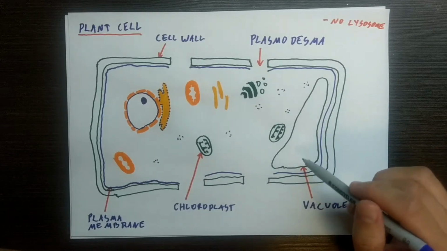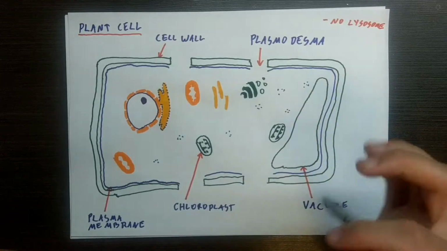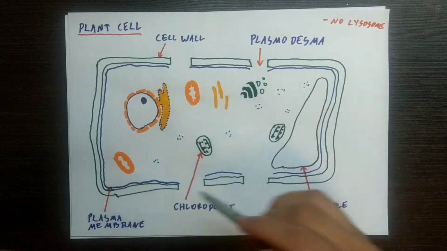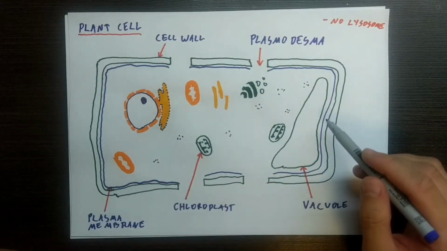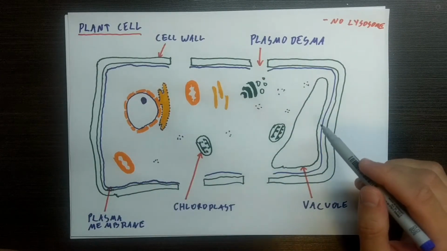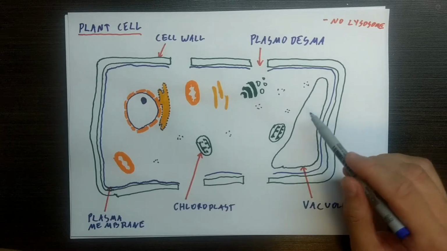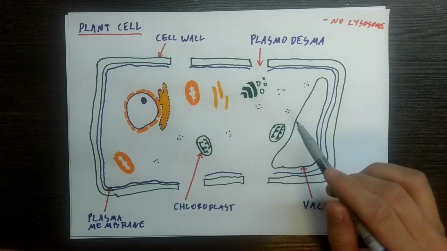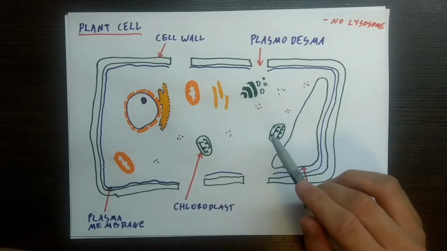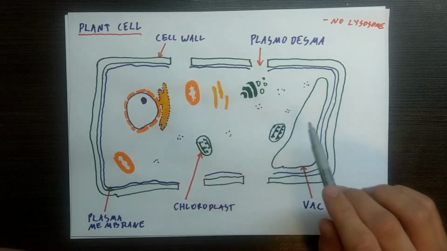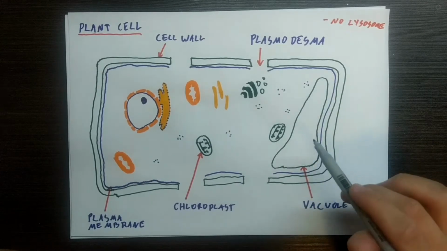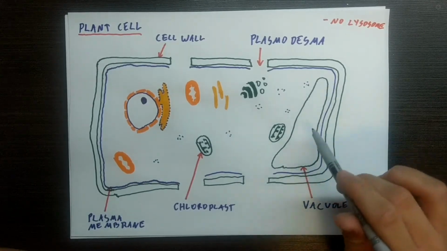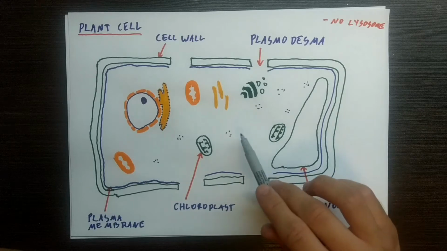The cell sap is quite thick, so it also gives additional support to this whole structure of a plant cell. It also sometimes is used to isolate unwanted chemical substances. So if a plant cell finds something toxic or has too much of something, it can sometimes dump it in the vacuole and isolate it from the rest of the cell to keep it safe.